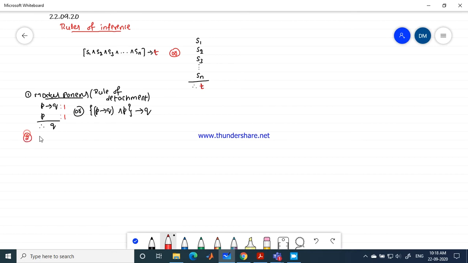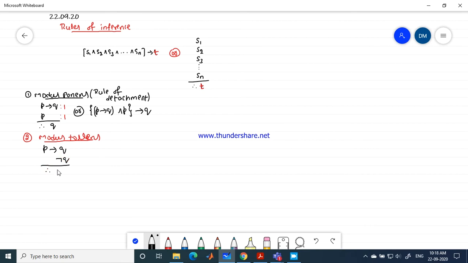Second one. So this is called modus tollens. This is what modus tollens is. And people can easily guess where it comes from. P implies Q is a true statement. Negation Q is a true statement.